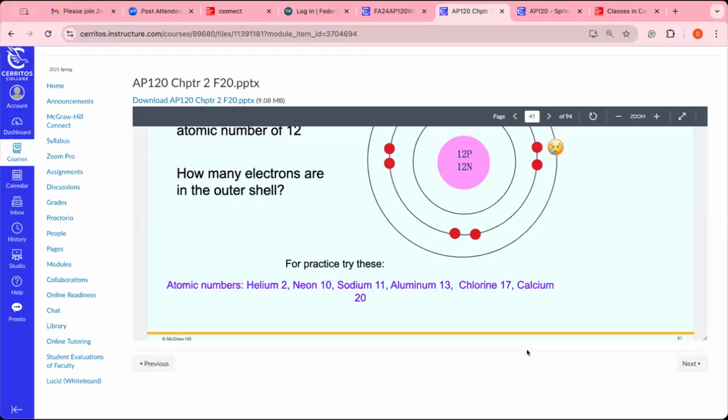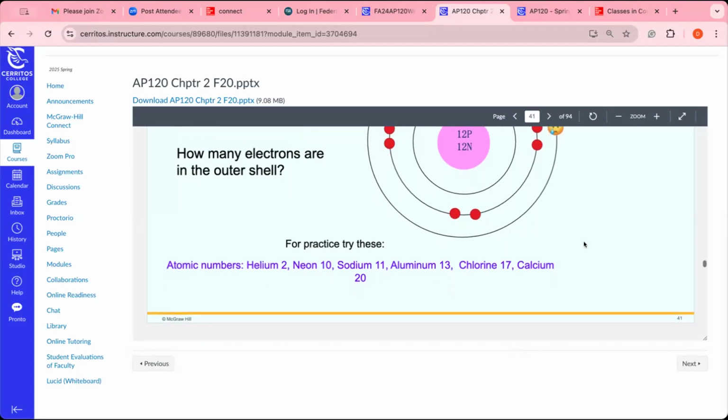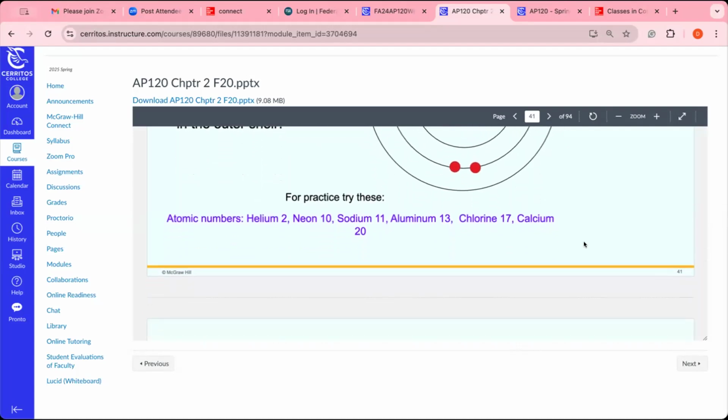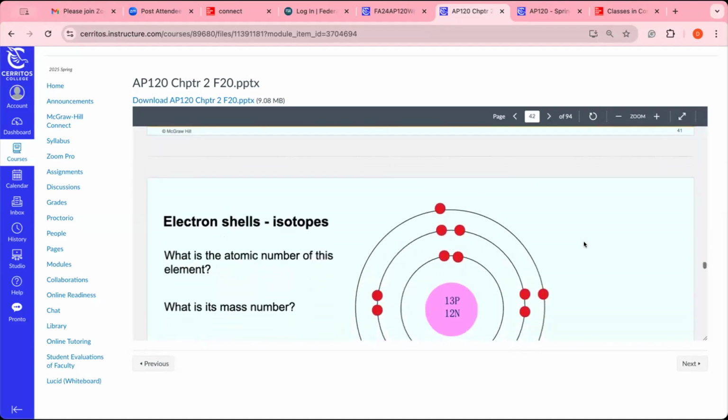You can bring your slides back at any time, but you could go through and figure out how many are going to be in each. She'll probably have you memorize a few levels, how many are in each one, so you'll know. But go ahead. What else are we doing?